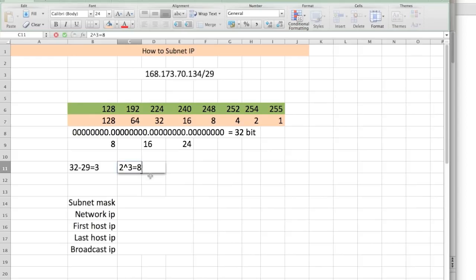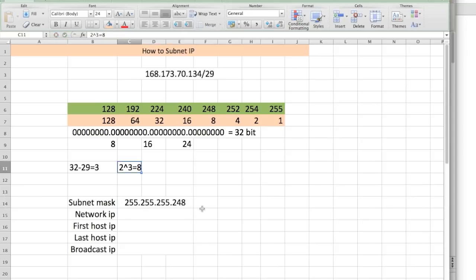So now we know this network, they increment in 8. Okay, so it's 8, and then we look at 8, and we look at the number right above it, and that's 248, right? From the chart, that's 248. Well, there you go. That's your subnet mask. So it's 255.255.255.248.